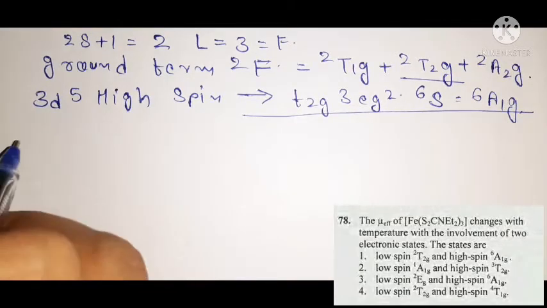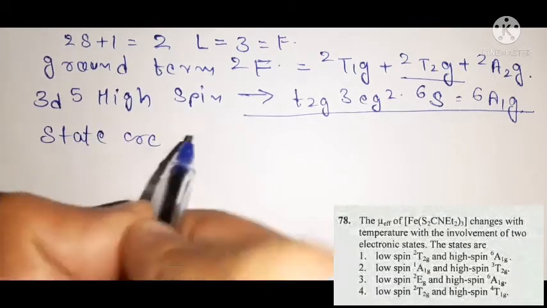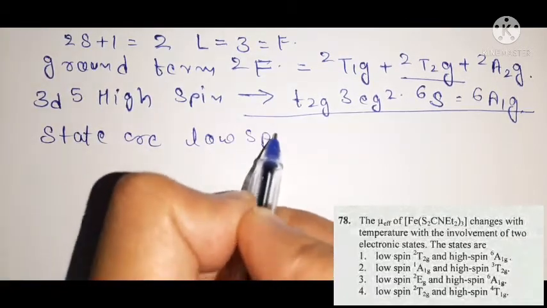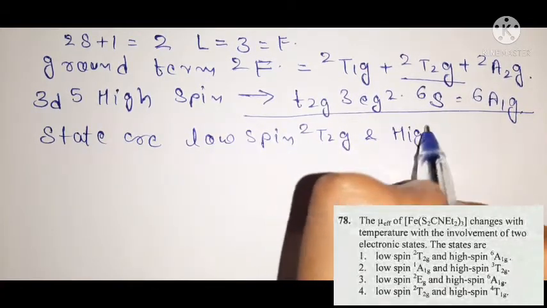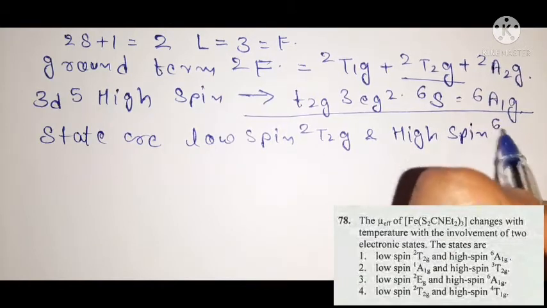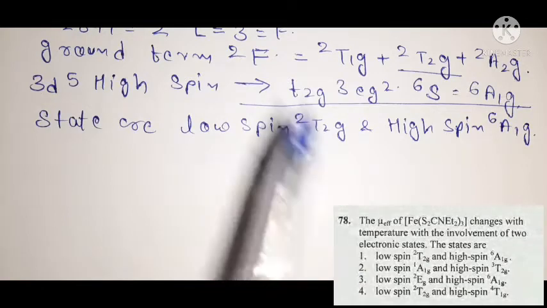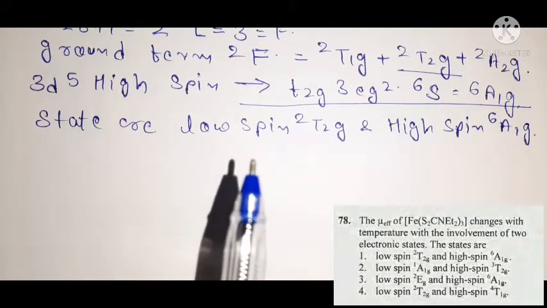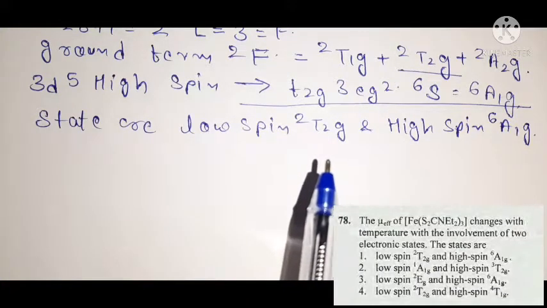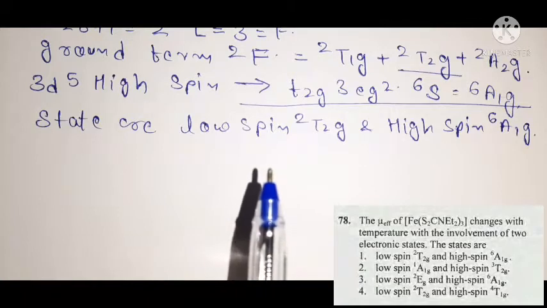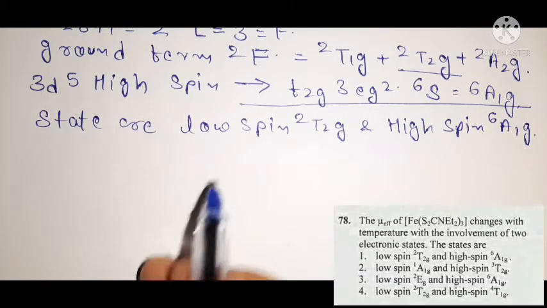Okay, so the states are low spin 2T2g and high spin 6A1g. These are the states associated with the low spin and high spin electronic configuration of this 3d5 state of that iron plus 3 metal ion. And this is your option number first.